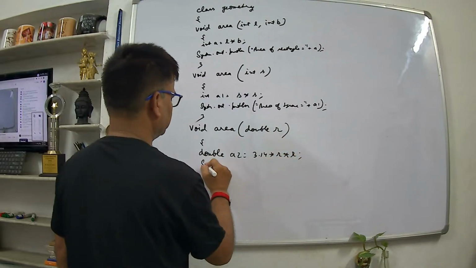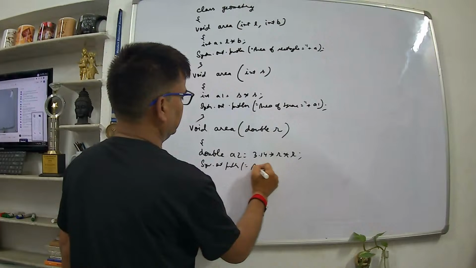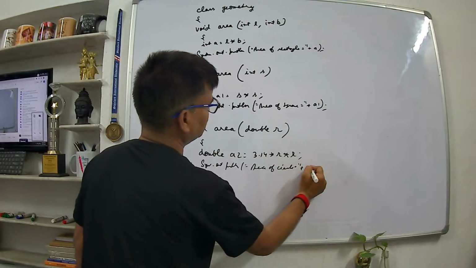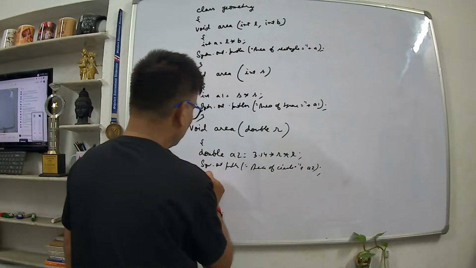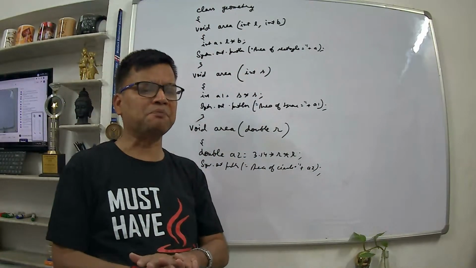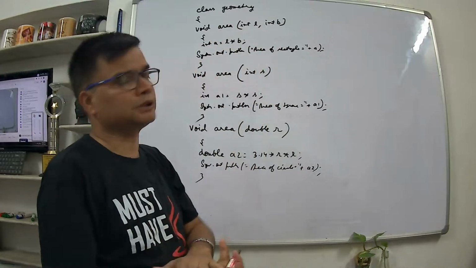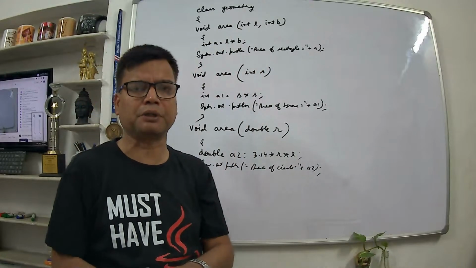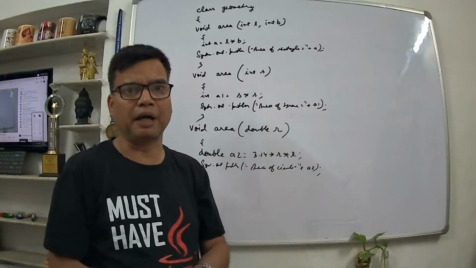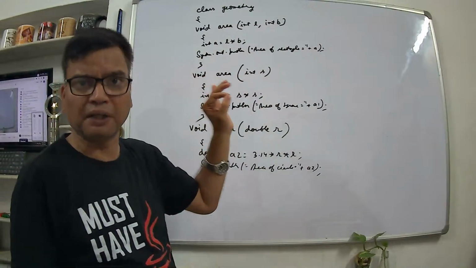And then I displayed System.out.println("area of circle is equal to" + A2). So this is the example of function overloading where we have the same function name, that is area, but we are having three different sets of parameters. First one, two integers. Second one, integer. Third one, double value. So it is an example of a parameterized overloaded function.